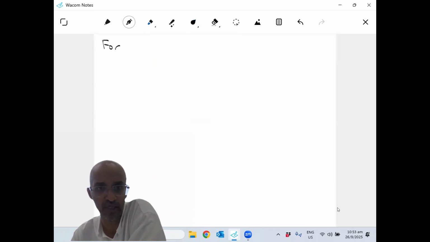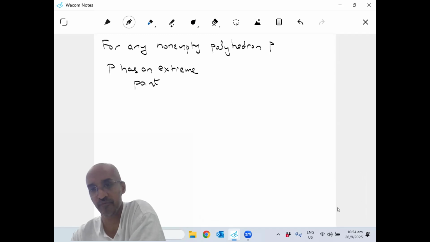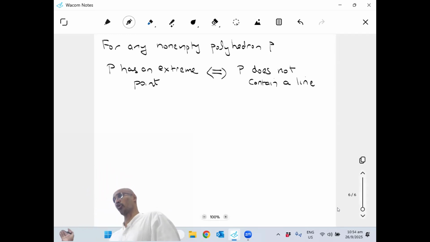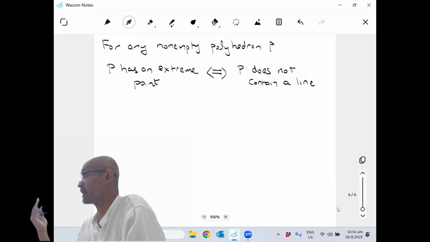So for any non-empty polyhedron P, P has an extreme point, which means it has a vertex, it has a basic feasible solution, if and only if P does not contain a line. This one I'm not going to prove, but geometrically it's quite straightforward to see.